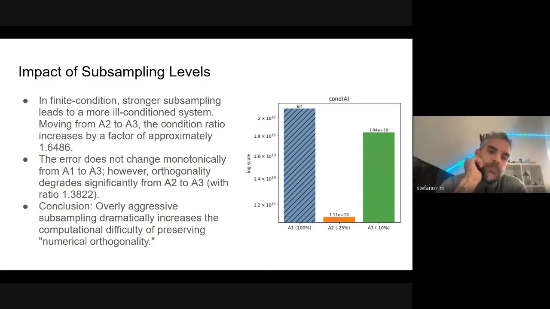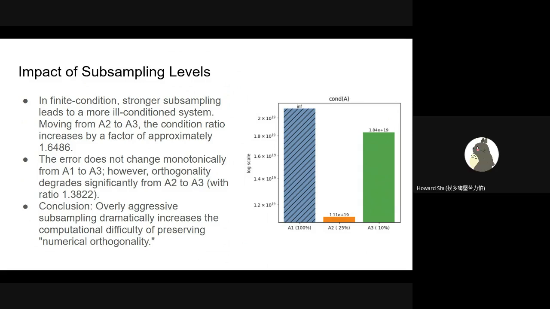The orthogonality error degraded significantly from A2 to A3 with a ratio of 1.38. This leads to the conclusion that overly aggressive subsampling dramatically increases the computational difficulty of preserving numerical orthogonality.